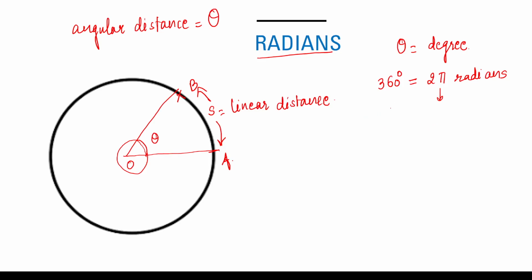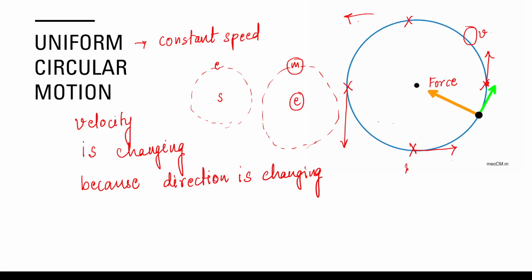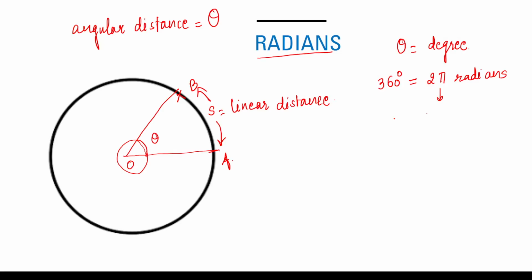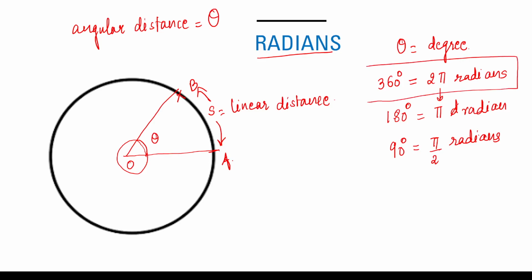So 360 degrees is 2 pi radians. That is, 180 degrees is pi radians, or 90 degrees is pi over 2 radians. It's just converting degrees into radians using this relationship: 360 degrees is 2 pi radians.